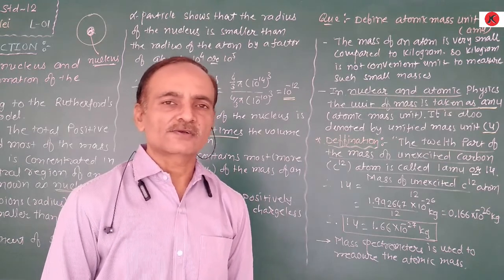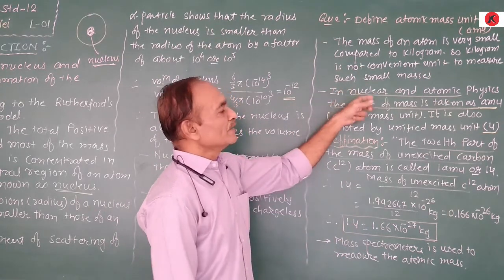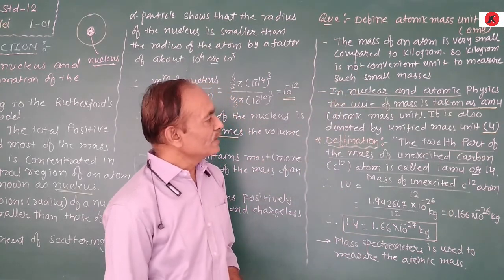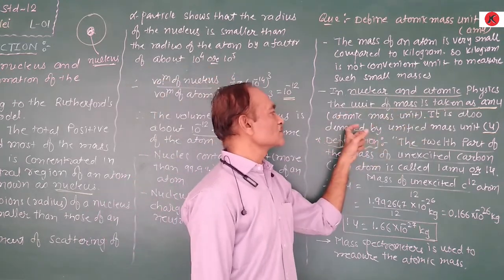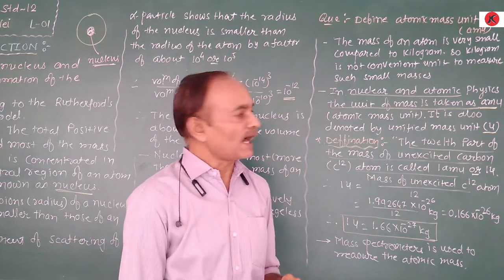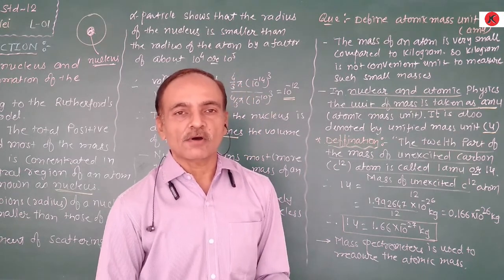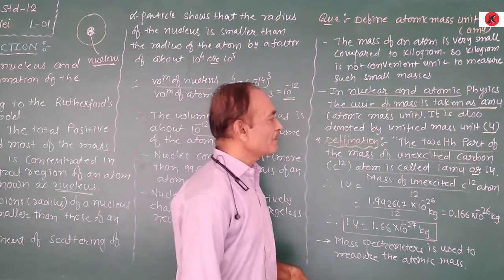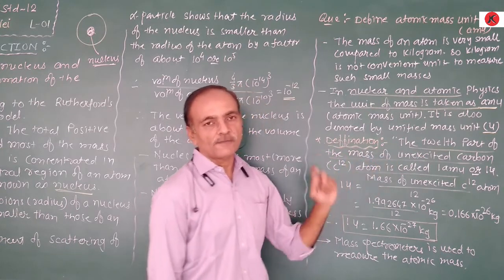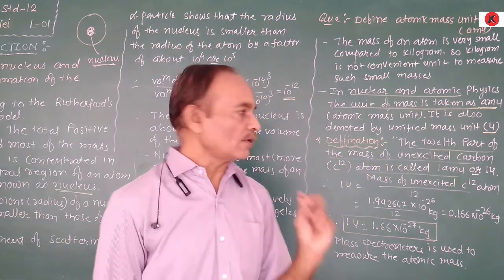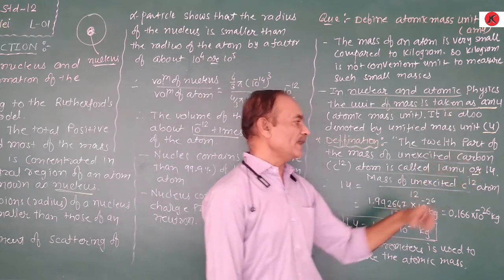Therefore, in nuclear and atomic physics, the unit of mass is taken as the atomic mass unit, also denoted by unified mass, small u. The 12th part of the mass of an unexcited carbon atom is known as one atomic mass unit or one unified mass.